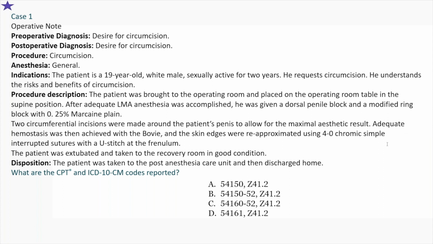What are the CPT codes and ICD-10 codes reported? Coders, you have a minute and a half.